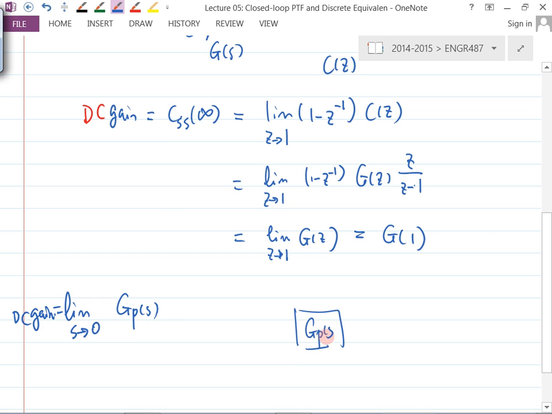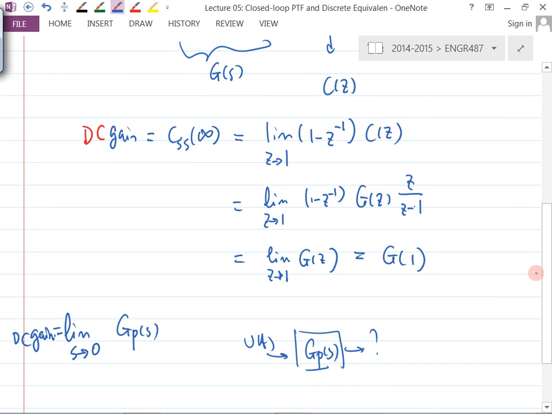Why is it going to 0 this time? Oh, that's basically the final value theorem for a continuous system. If you have a unit step input, what's the output? Same idea. Okay, so let's see a very simple example.